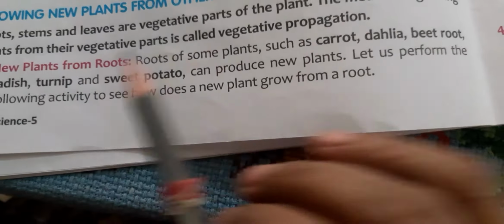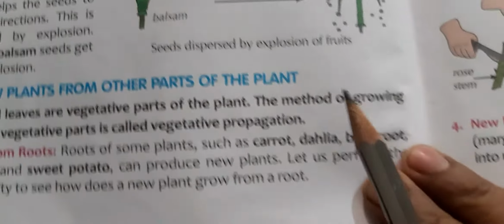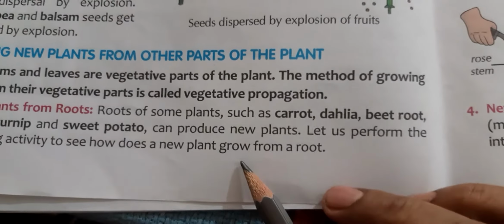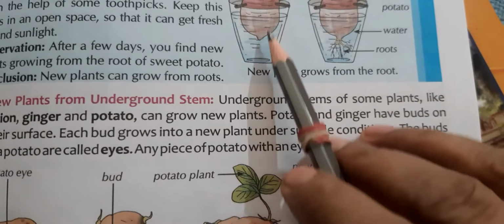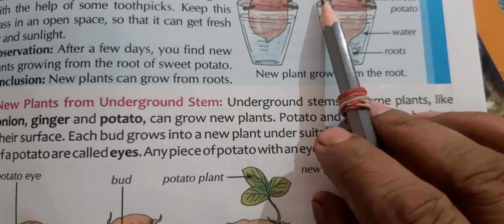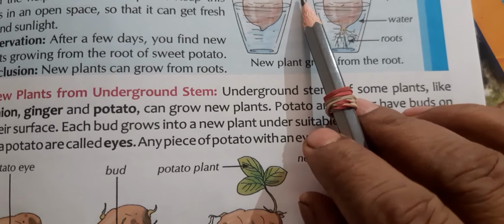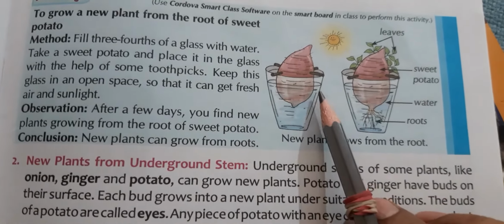that grow from roots. Like if you take carrot, dahlia or beetroot, radish, turnip, etc., they grow from their root. Like in this activity it is shown that take a beetroot and place it in water and keep it outside the house where it can get fresh air and sunlight.